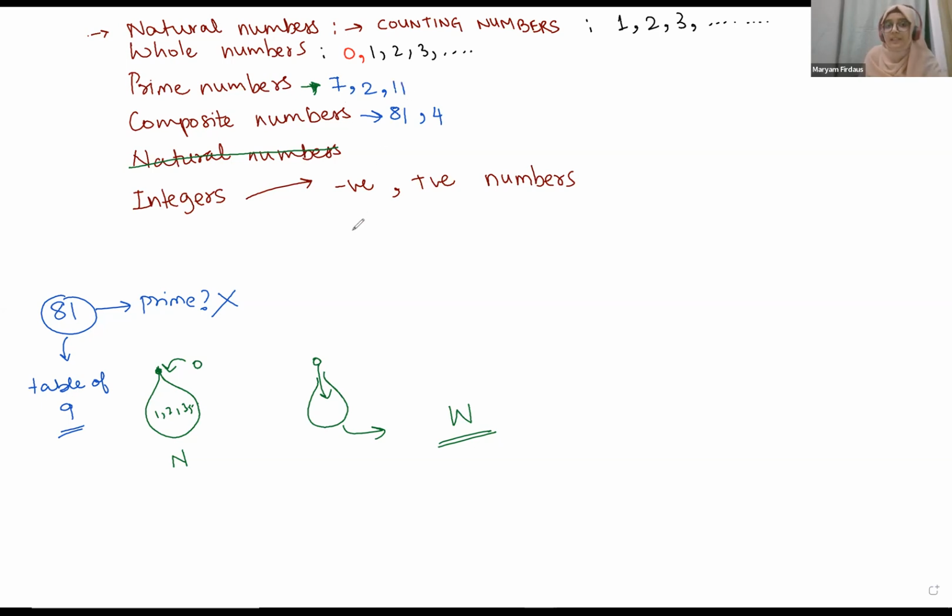How about 9? Composite. Okay, 9 is composite. How about 14? Composite. Yes. How about 13?